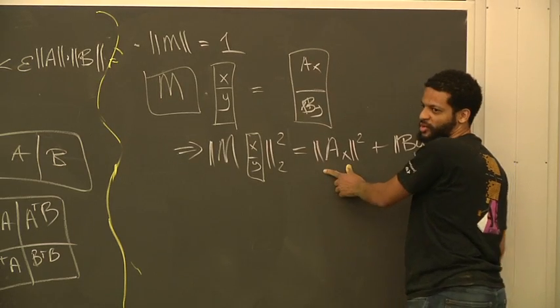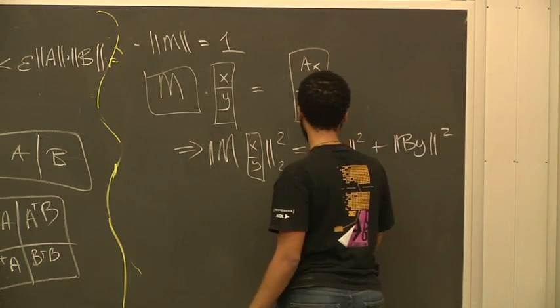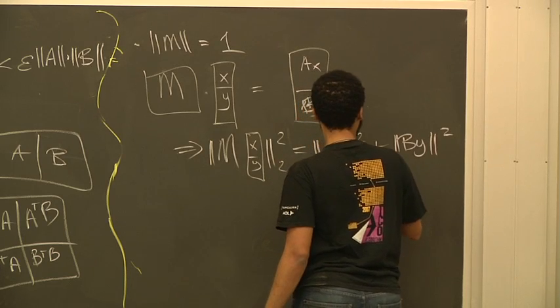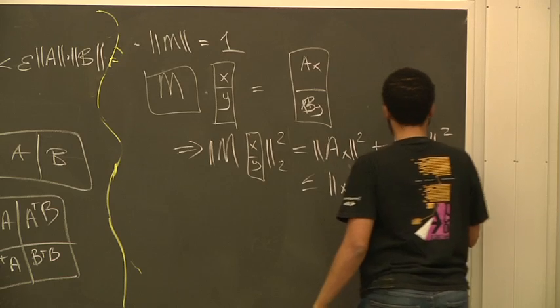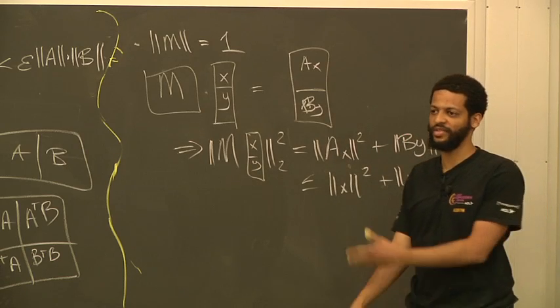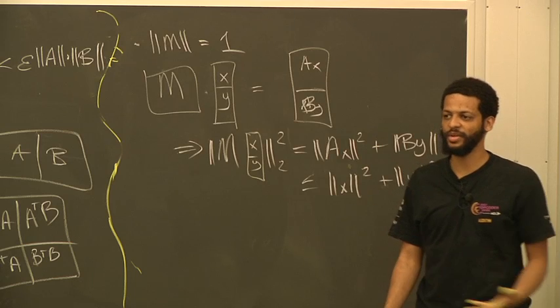But A has operator norm at most 1, and so does B. So this is at most x squared plus y squared, which is the squared norm of the original vector (x, y). Right? So it doesn't blow up norms.